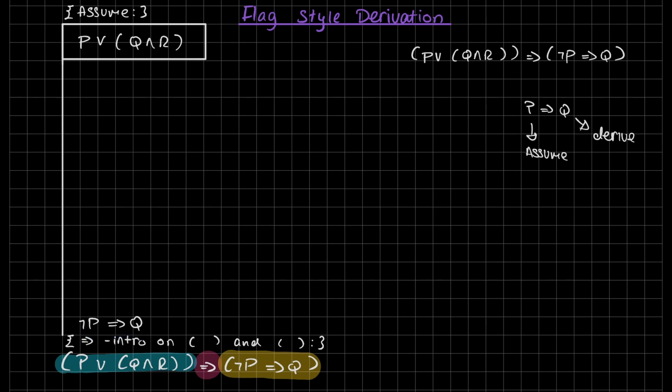Now we said we use backward reasoning as much as possible. We see that the main connective here again is an implication, so we do the same thing. We assume the left-hand side and we try to derive the right-hand side. So we say implication intro on lines blank and blank, we draw a flag again, and we write assume.